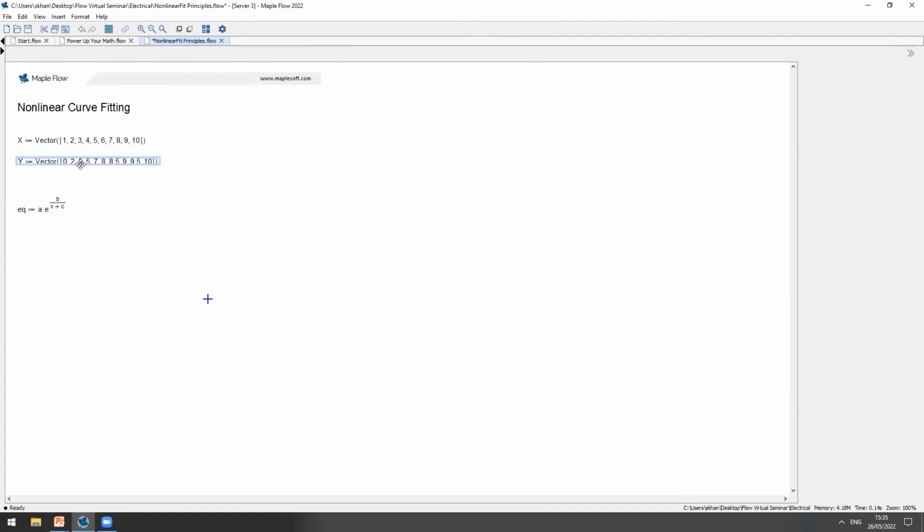That experimental data could be imported from a spreadsheet, a text file, or something else. But here I've just entered my experimental data in two vectors, X and Y. And this is the equation I want to fit. X is the independent variable, and A, B, and C are empirically determined parameters.